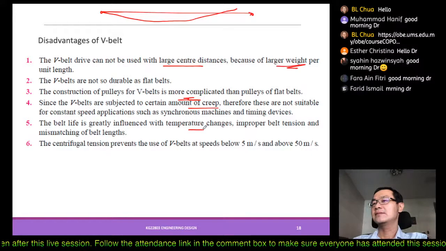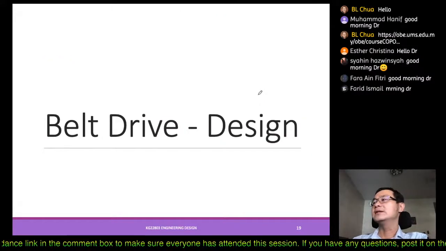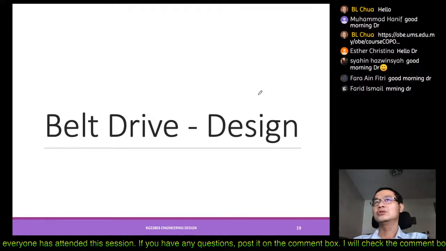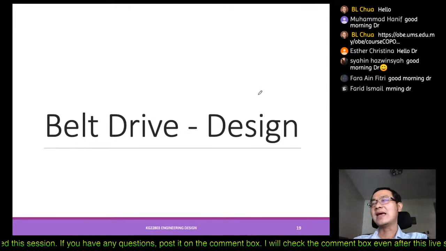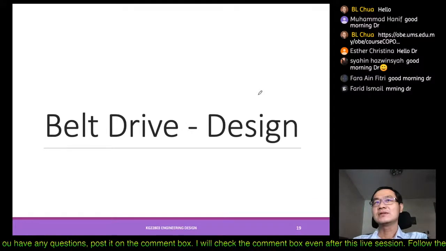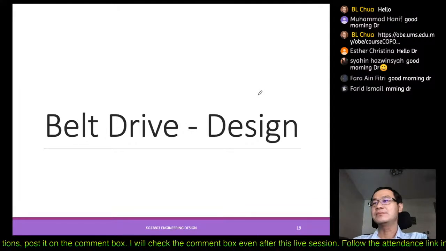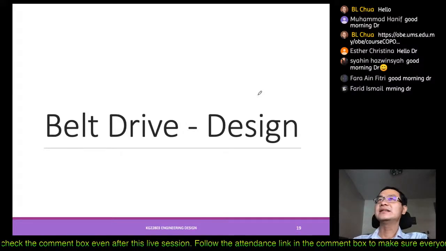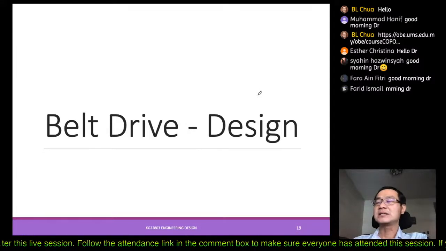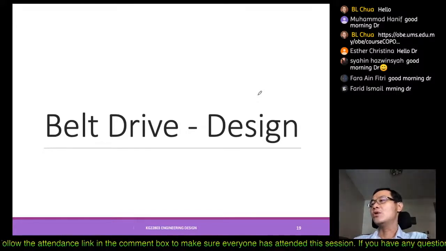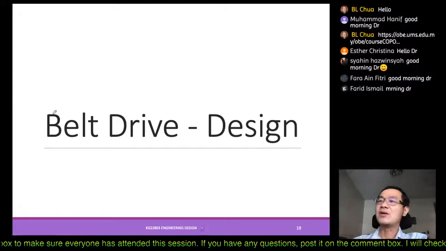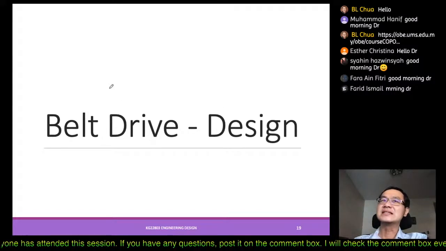Okay, so now we come to the belt drive design, how we can estimate and select a proper belt. In the belt drive design, generally we are talking about the selection itself. We are not designing the belt, but we are designing the system of the belt.